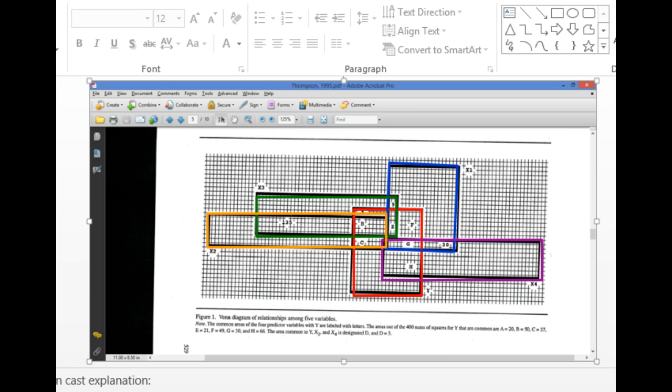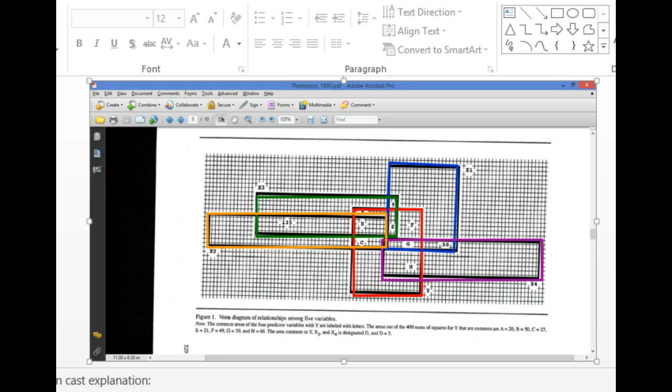And just as a hypothetical example, Thompson gives each of these R squares different values. So for x1's correlation with the DV, it is an R squared of 0.25, and this is all noted beneath the slides. You can take a look.